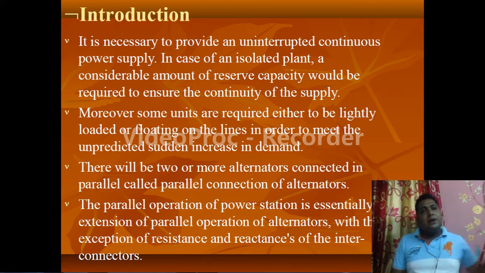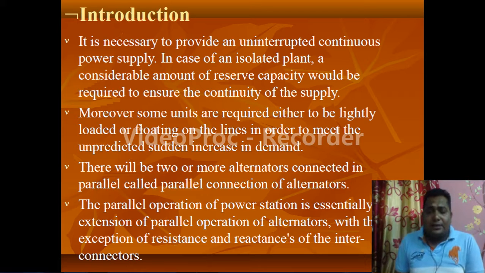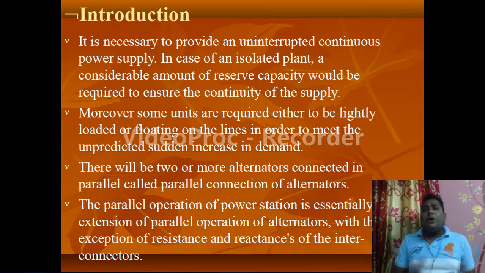In this way, every generating station has some number of alternators connected in parallel, and 2 or 3 power generating stations are again parallel to each other, and they are connected to the national grid system. In this way, all are connected in parallel.